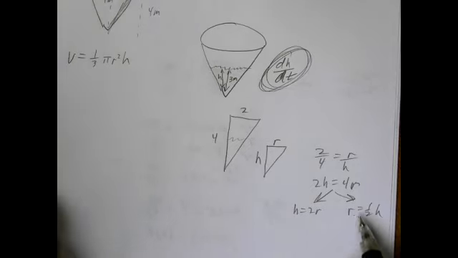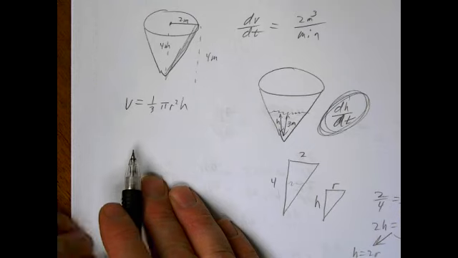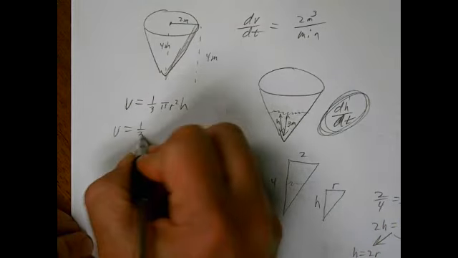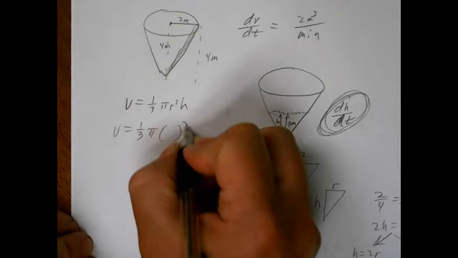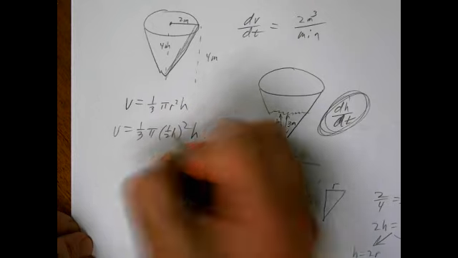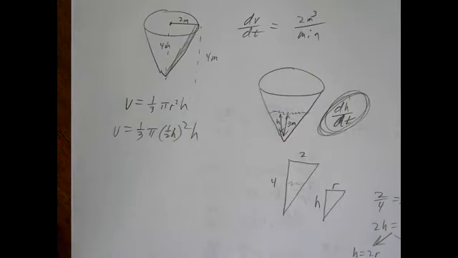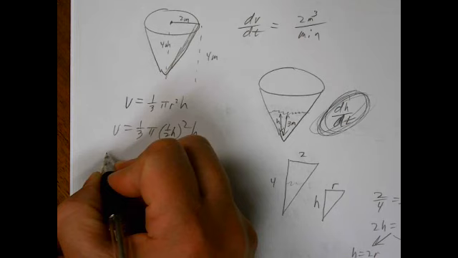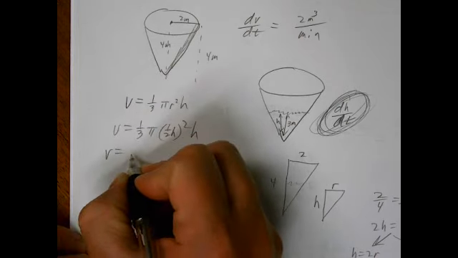All right, so I'll go back to the original static version of the equation, and I would remove R and replace it with 1/2 H. Again, because I need to keep H in the problem, because it's something I need to work with in my final answer. So my volume now, I'm going to clean this up now.